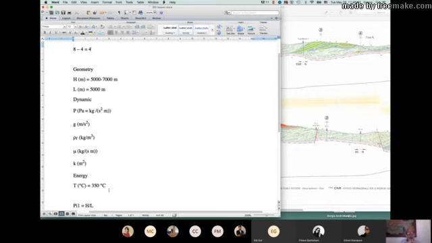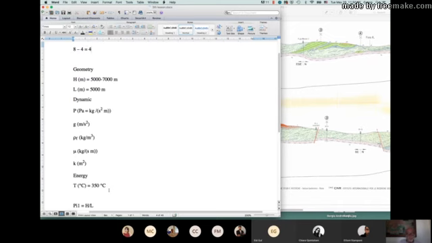So what is a parameter that from the dynamic point of view could be important? For instance, I know that if my fluid is at high temperature, it is less dense than if my fluid is at low temperature.